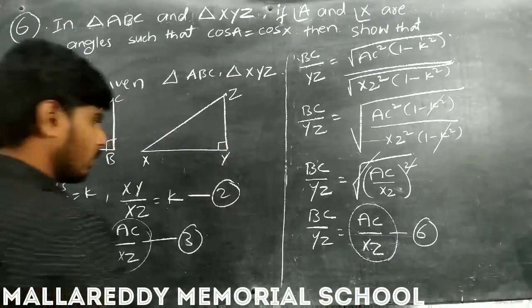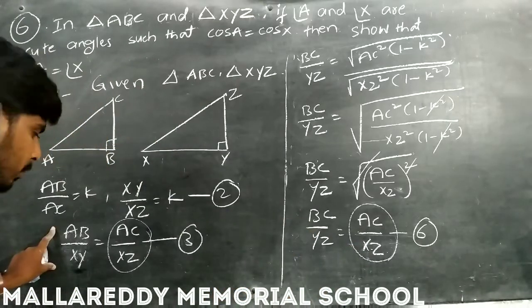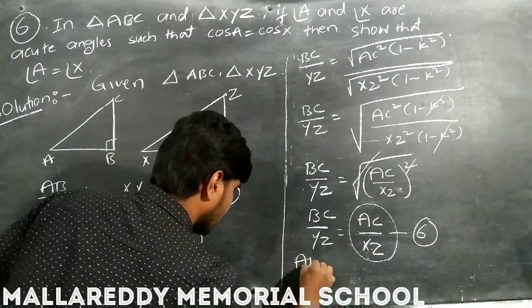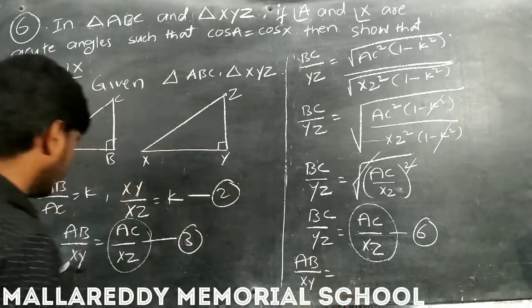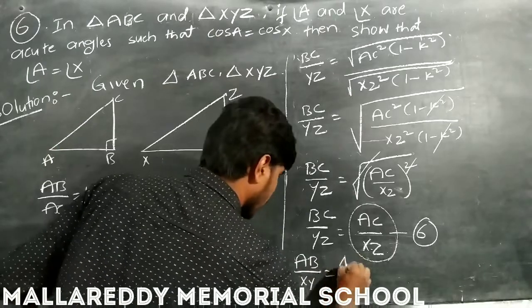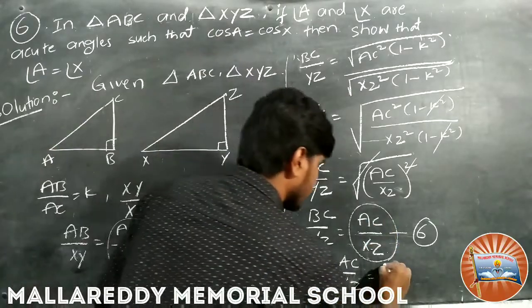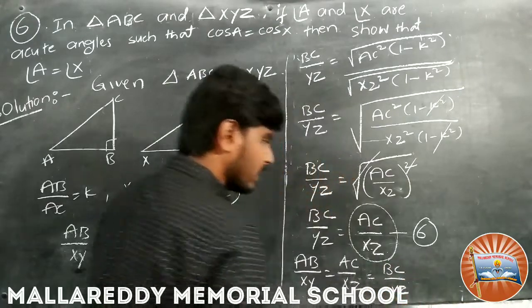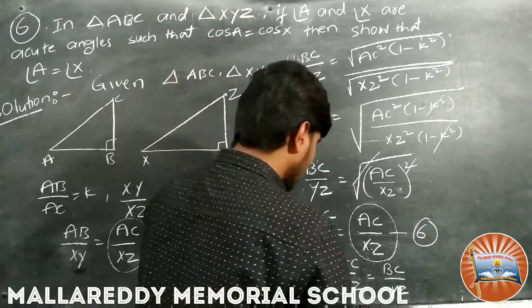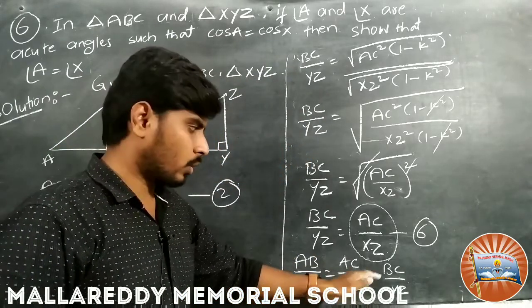So if the RHS are equal, finally we can write AB by XY equals AC by XZ equals BC by YZ.